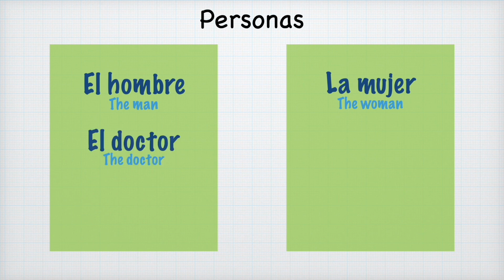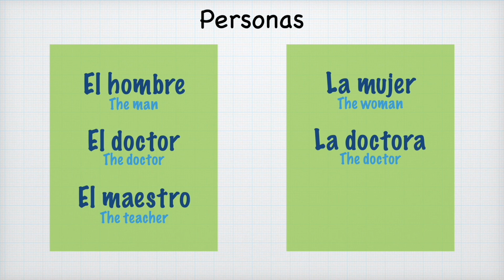El doctor, and the feminine version is la doctora. And then we have el maestro, and for feminine we have la maestra. So you can see based on the person's gender, we're going to use the corresponding article, and then the word changes a little bit.